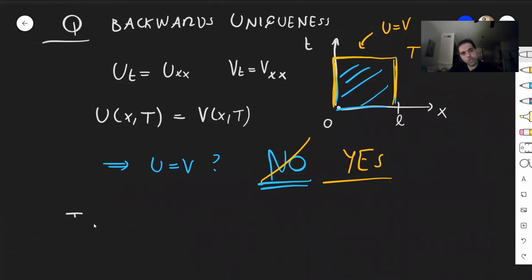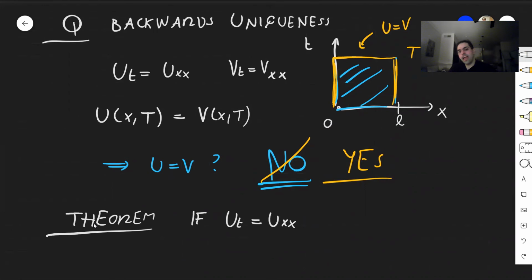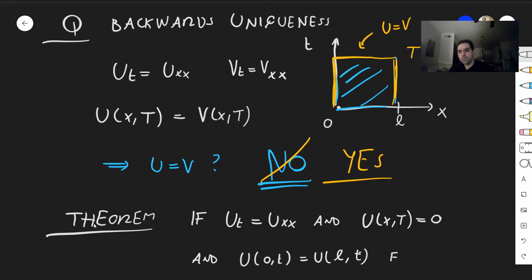So what do we want to show here? Theorem. Simply by considering the difference, what I say now is equivalent to what I said, namely, if u solves the heat equation and u(x,T) is 0 at the terminal time, and u(0,t) equals u(L,t) equals 0 for all t.